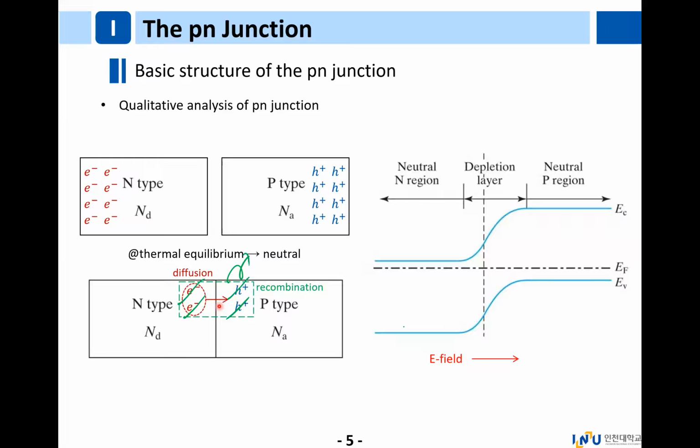The same phenomenon occurs in the n-type semiconductor. Holes in the p-type semiconductor diffuse from regions of high concentration to low concentration, and these diffused holes immediately recombine with electrons and disappear.